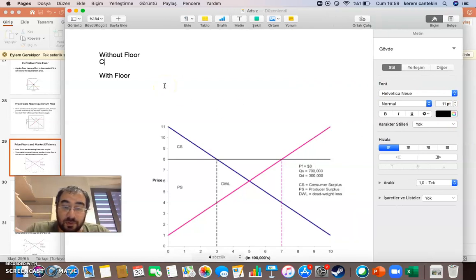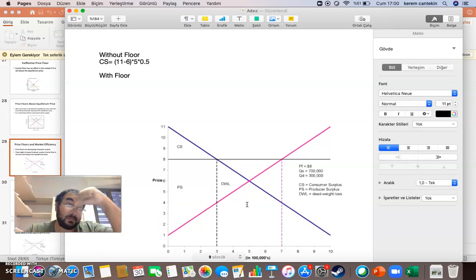So consumer surplus in that case is equal to 11 minus 6, which is the equilibrium price, times 5, which is the equilibrium quantity, times 0.5.